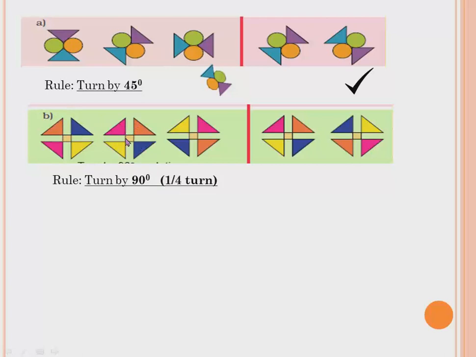Again these two are turning from this side to this side. So, what is the rule? 90 degrees, that is a 1/4 turn. So, I will take this image. Now, I will make a 1/4 turn for this and see what I am getting. Yes. Understood how we are getting this? So, I will put a tick mark for that one.